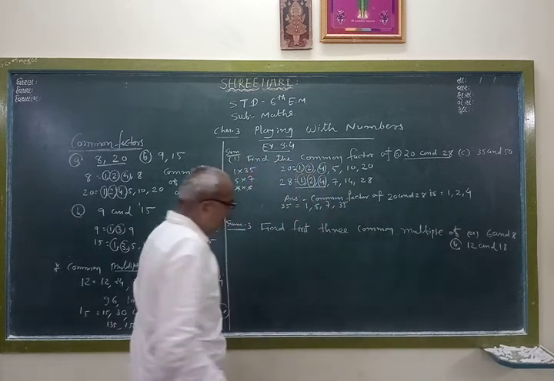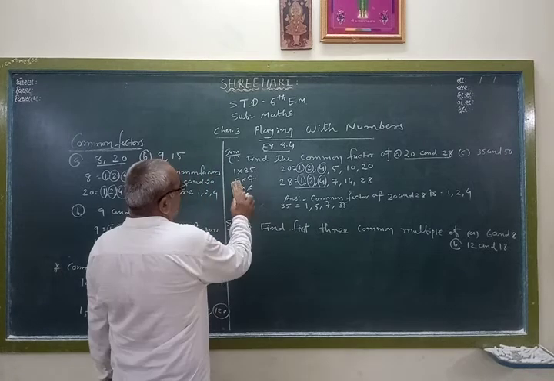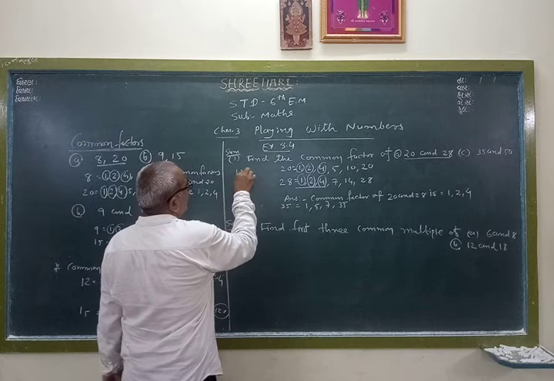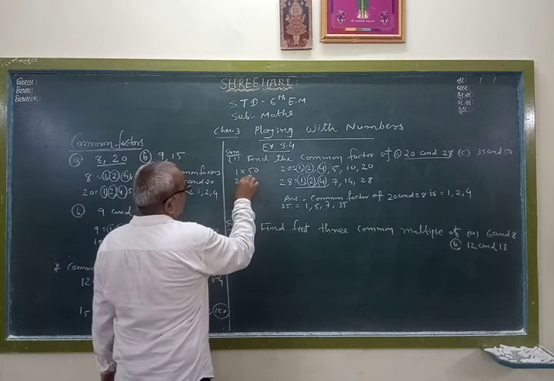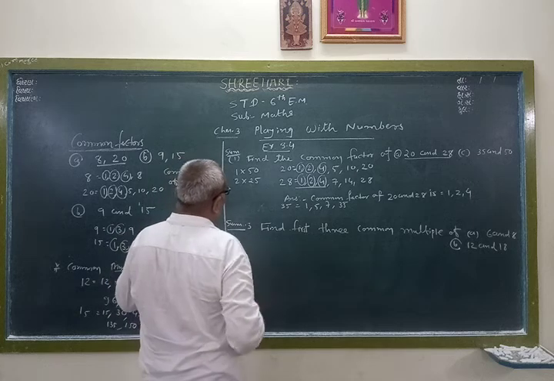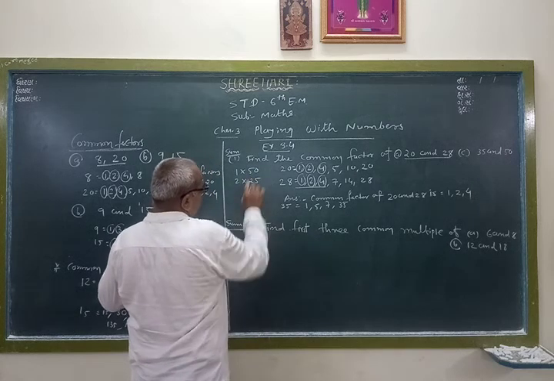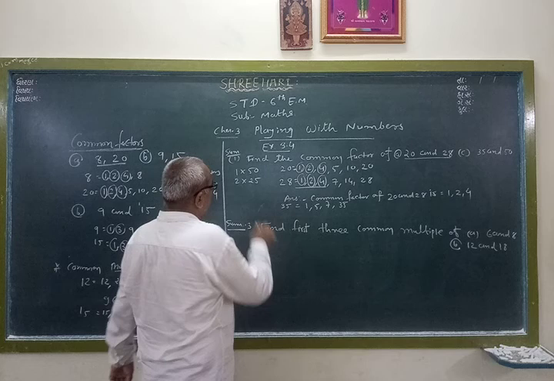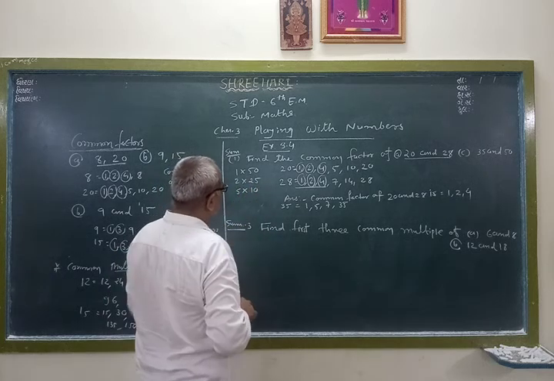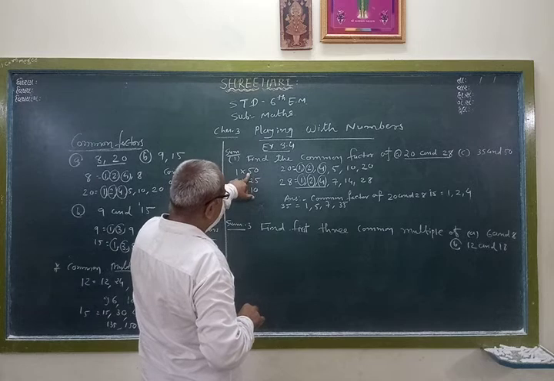Now 50. Common factors of 50. 1 50 is 50. 2 25. We can't divide this by 3. 4. We can't divide it by 4. 5. 5 10s are 50. 6. We can't divide it by 6. 7.